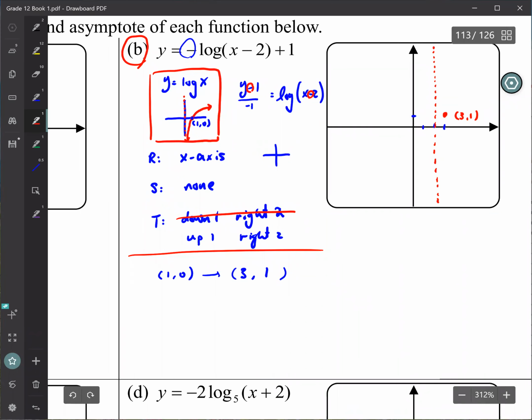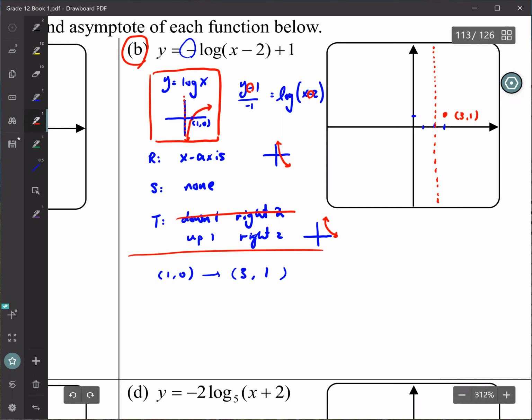First, we reflect over the x-axis, so it goes upside down, right? Instead of increasing, now it becomes decreasing. And then moving it up and right, so it'll be somewhere there.